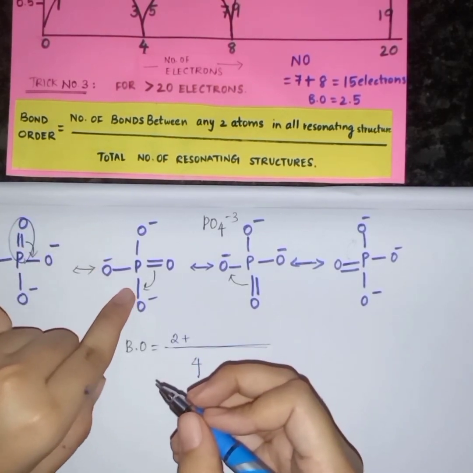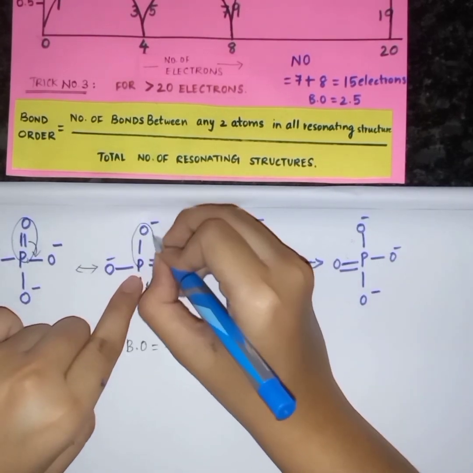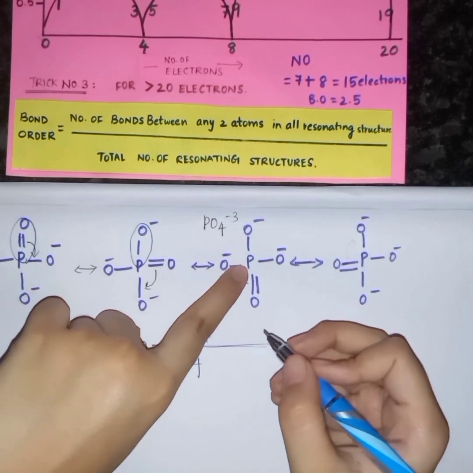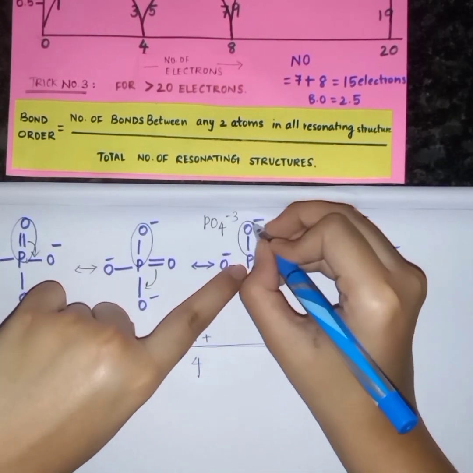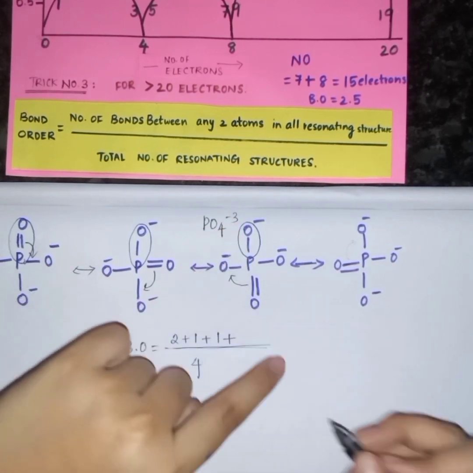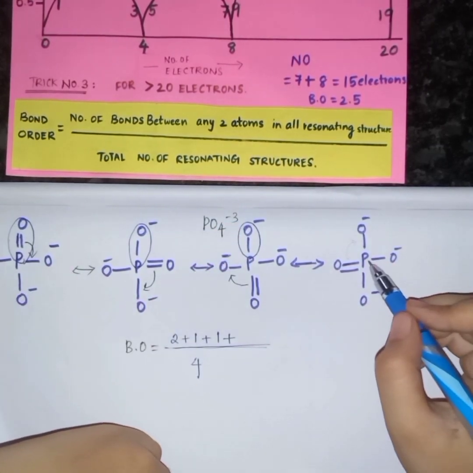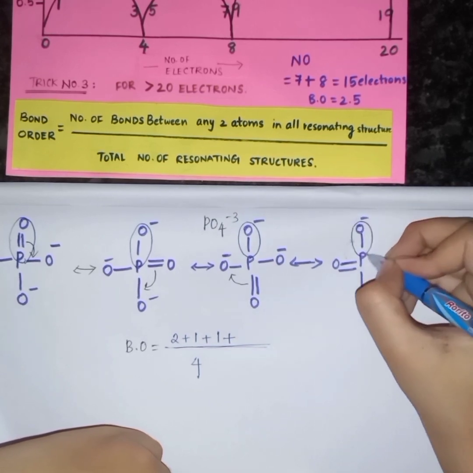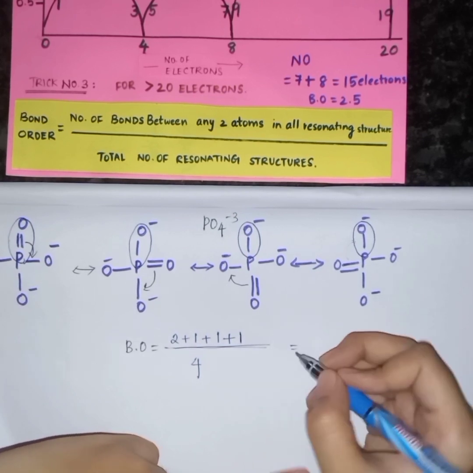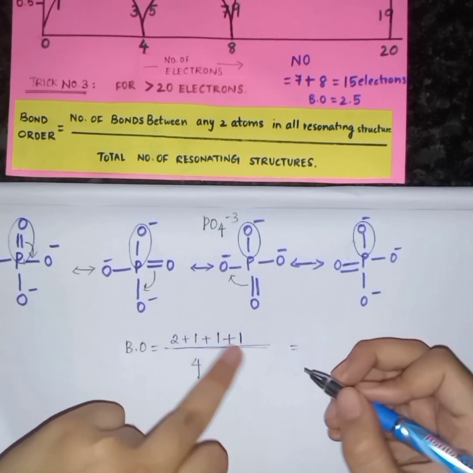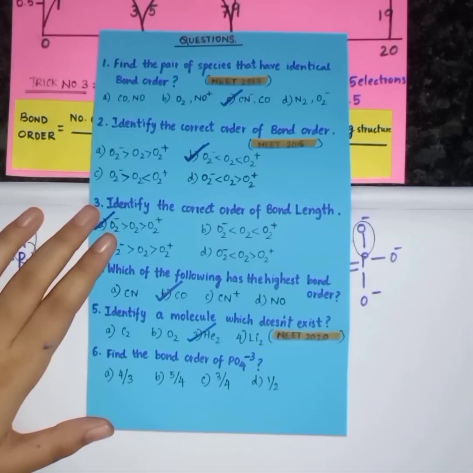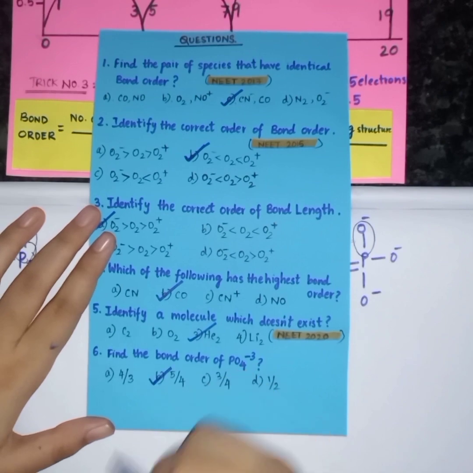In the second resonating structure, we have only 1 bond between these 2 atoms. In the third resonating structure, again 1 bond is present. And in the fourth structure, again 1 bond is present. Therefore, 2 plus 1, 3, 3 plus 1, 4, 4 plus 1, 5. The bond order is 5 by 4. Therefore, option number 2 is the answer.